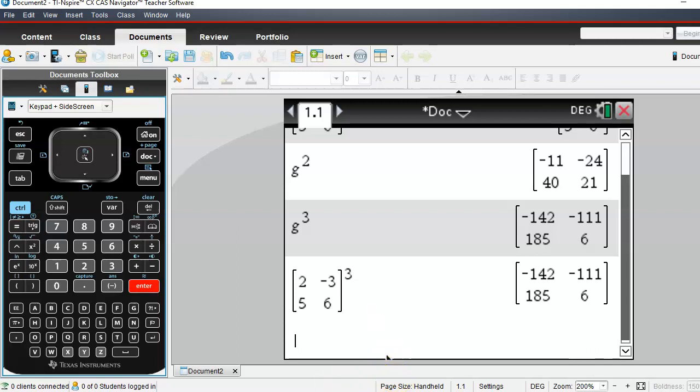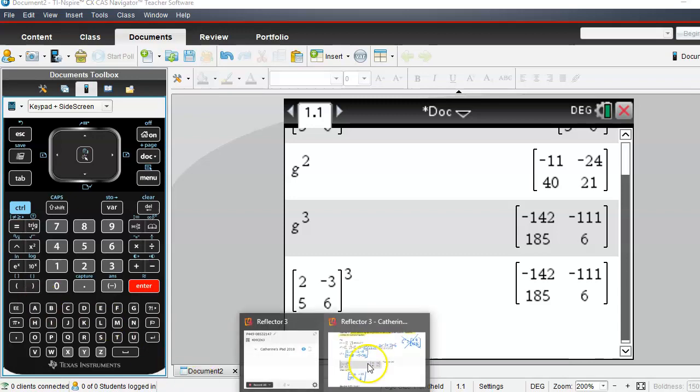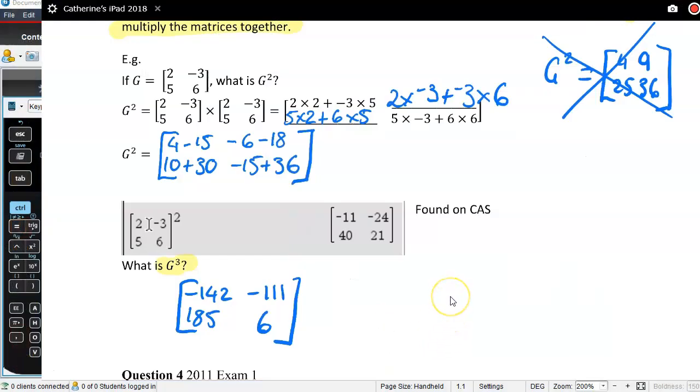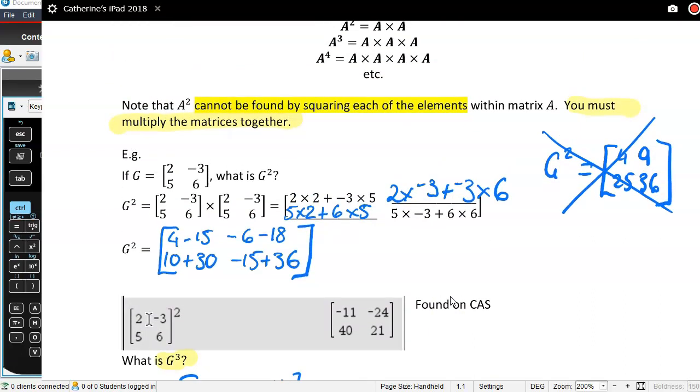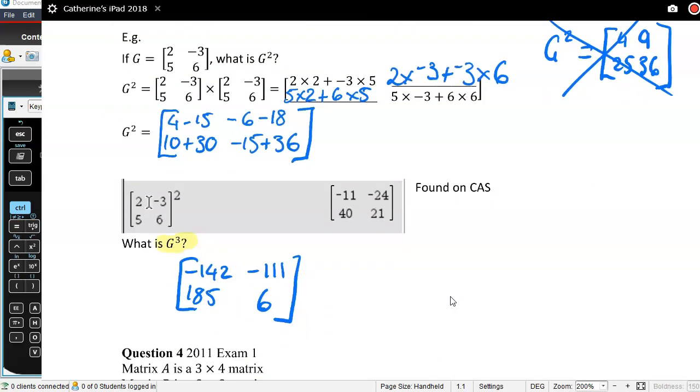So what I really want you to remember is that you can't just square or raise all the individual elements by that power. You actually have to multiply the matrices together. Okay? That's what I really need you to remember.